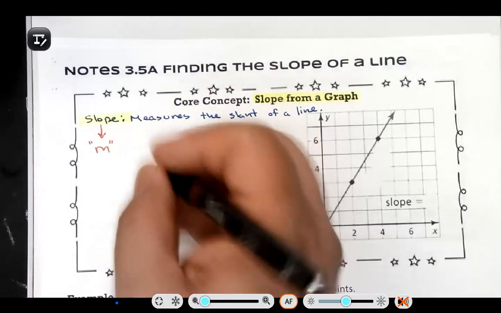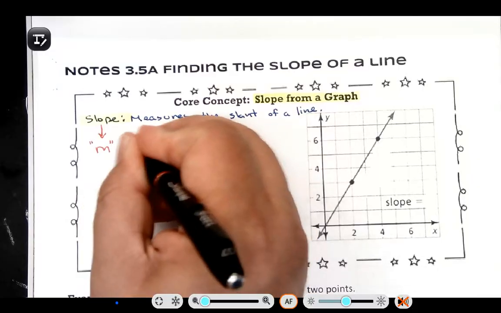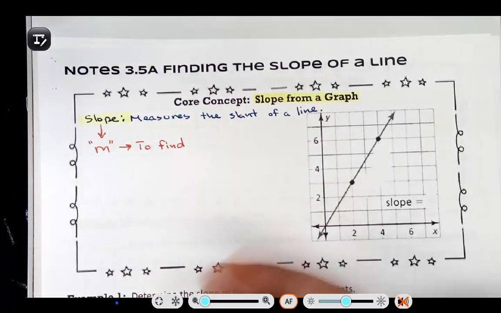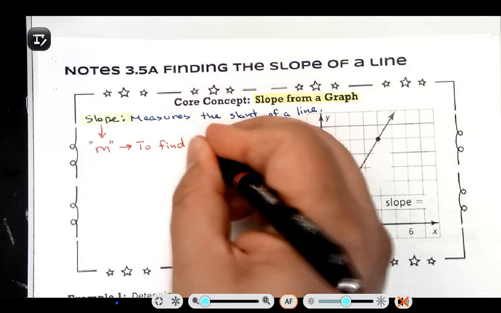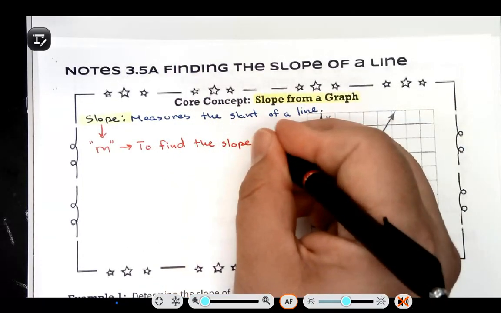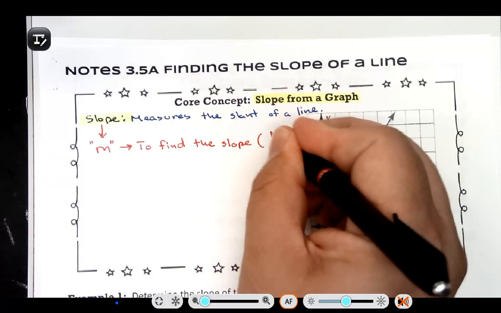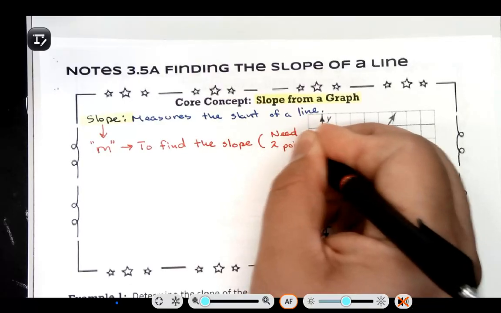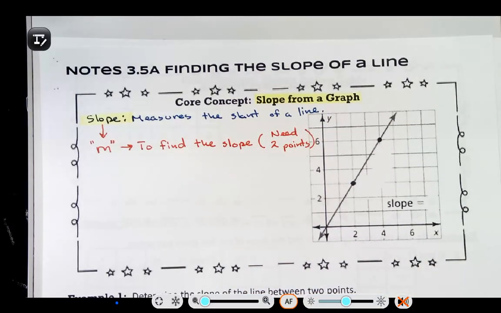And to find how steep a line is, this is today's big topic, to find the slope, the big thing is you're going to need 2 points. That's the key. We're definitely going to need 2 points.